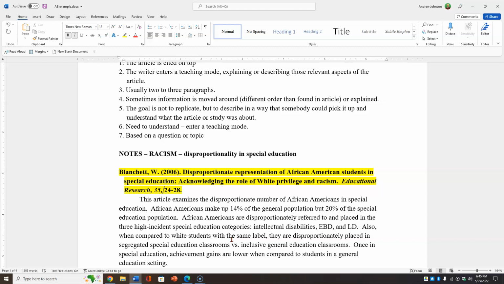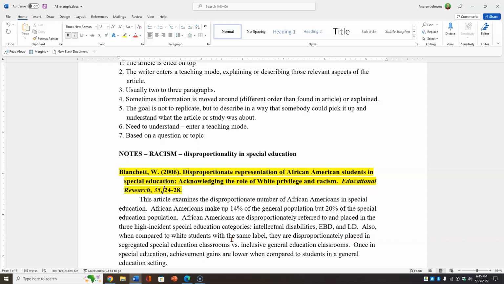So the goal is not to replicate, to make a mini version of that article. You're not writing an abstract. The goal is to describe it in a way that someone could pick it up and understand what that article or study is about and go get it if they need to.